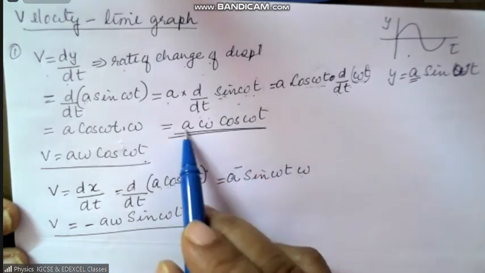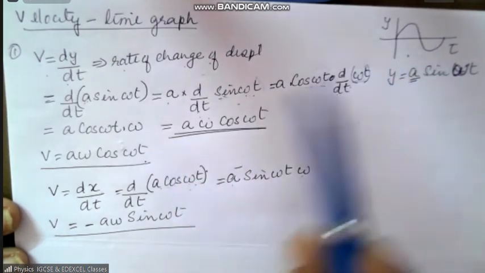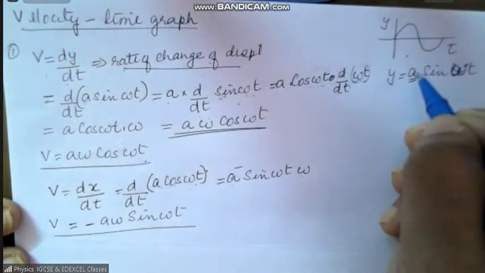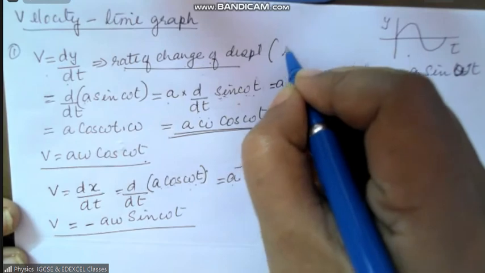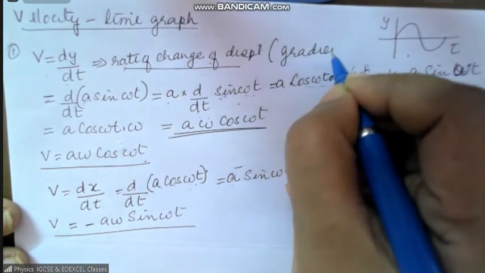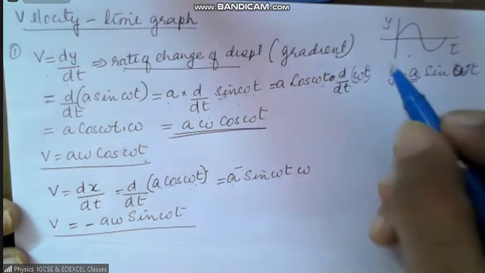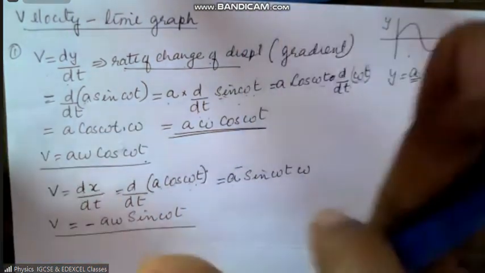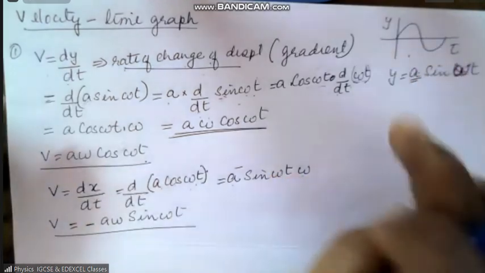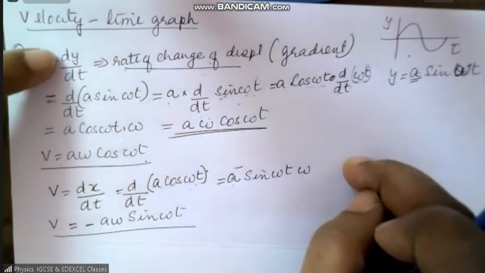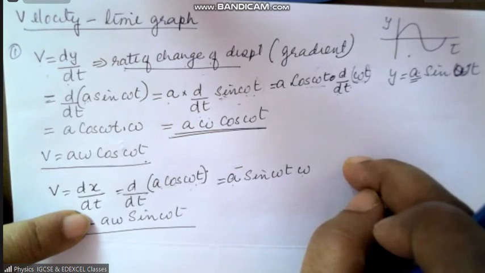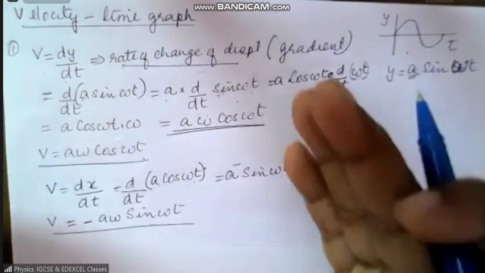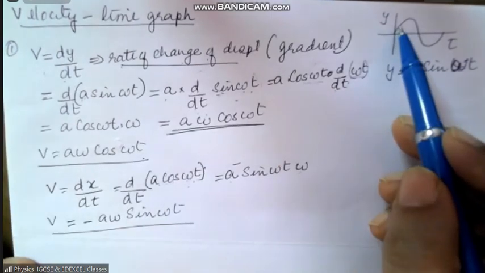Now let's see how this comes from this one. Rate of change actually means what? It is the reflection of the gradient. So the velocity-time graph is a gradient. There are two ways to get it. Number one is the mathematical way, which is differentiating the earlier answer. The second way is from the graph.